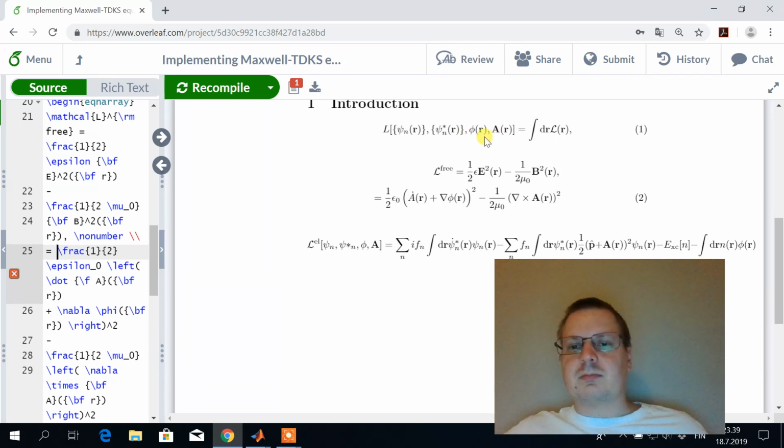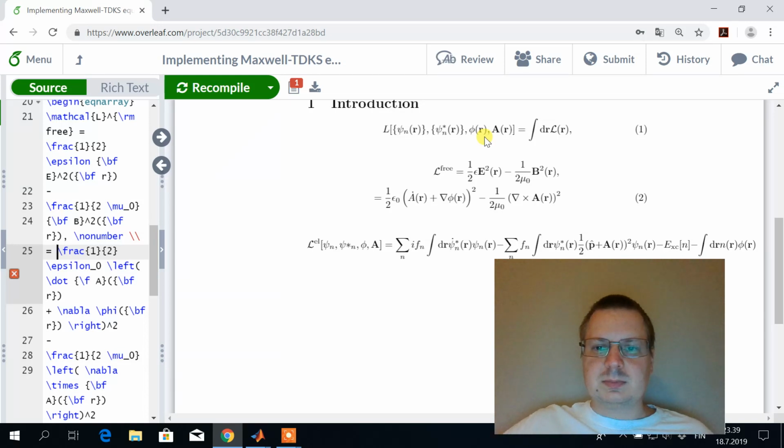So out of those components, one is the gauge freedom. There's some gauge freedom between the phi and A, and we're going to choose a Coulomb gauge. So that removes one degree of freedom, and we're left with three degrees of freedom.